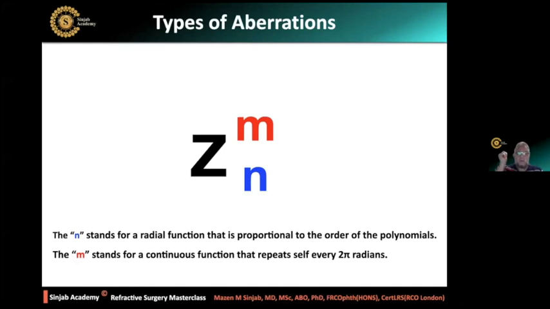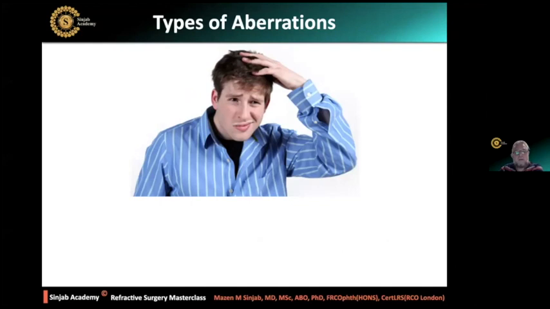The N stands for a radial function that is proportional to the order of the polynomials. And M, the red one, stands for a continuous function that repeats itself every 2 pi radians. Here you can see me smiling because did anybody understand anything of this?